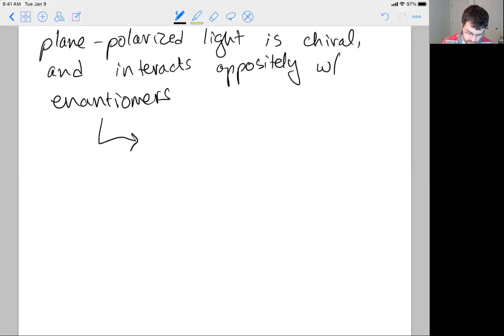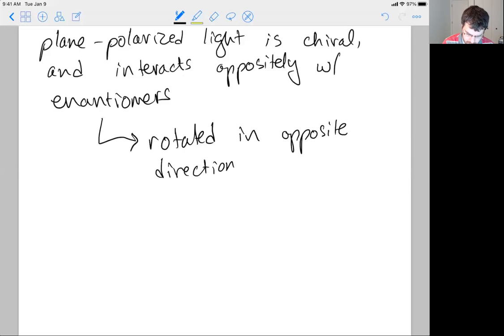Specifically, it's rotated in opposite directions. Huh. Well, why is that so helpful? Oh, here's what's going to happen.